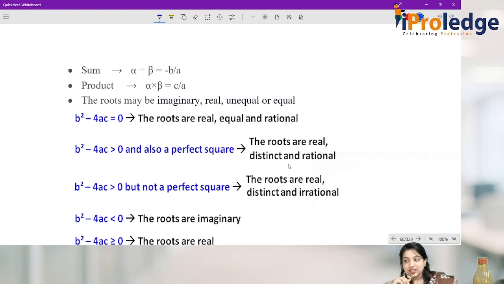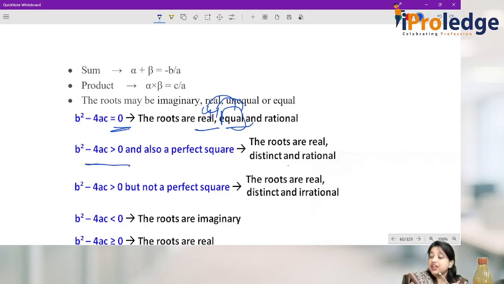Okay, it's important. Next, to find the nature of roots: b square minus 4ac. If it equals 0, roots are equal and real. Rational is not needed, just say real. If it is greater than 0, real but roots are different.